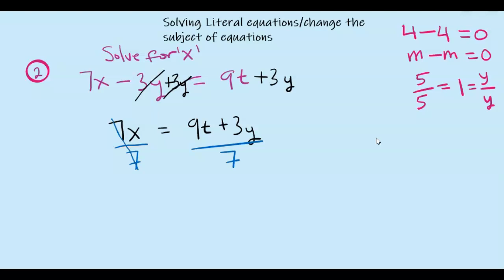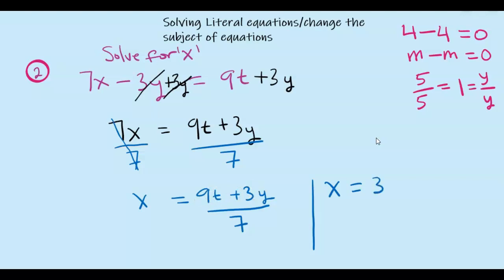The 7 goes away, giving us x equals 9t plus 3y, all over 7. Here we realize that 9 is not divisible by 7. If we want to do more, we can factor 3 out, because 3 is common here.